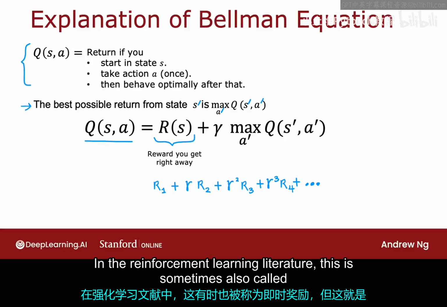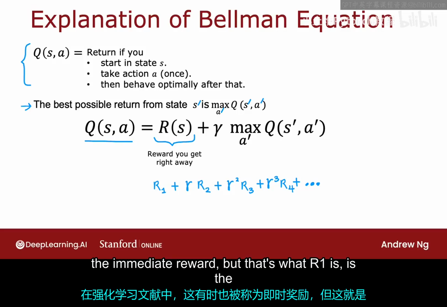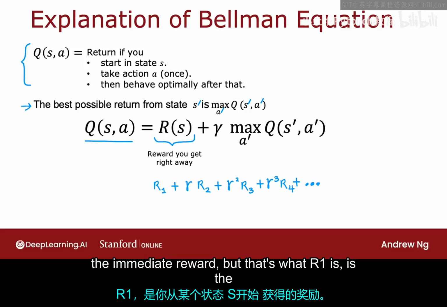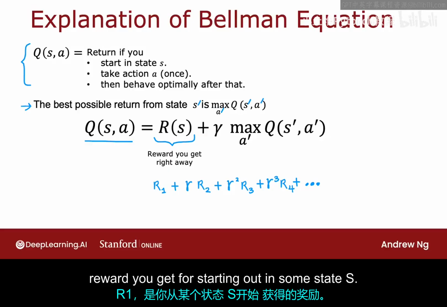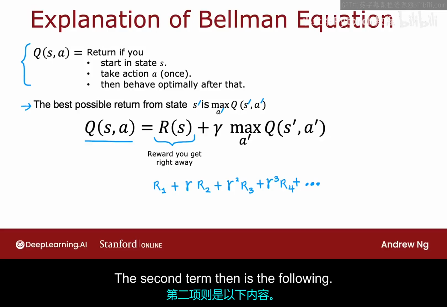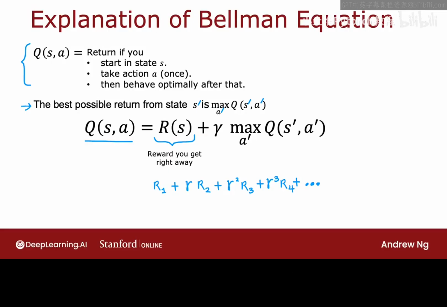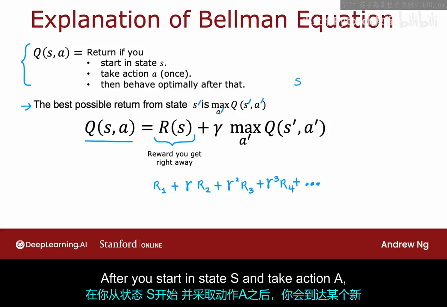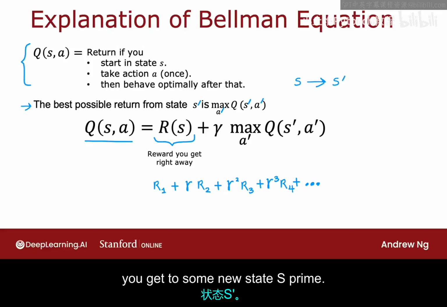In the reinforcement learning literature, this is sometimes also called the immediate reward, that's what R1 is, the reward you get for starting out in some state S. The second term then is the following. After you start in state S and take action A, you get to some new state S prime.